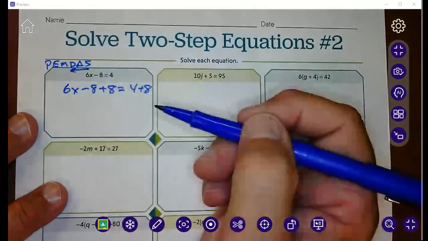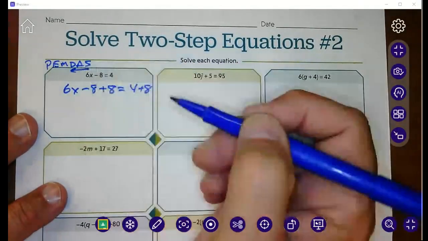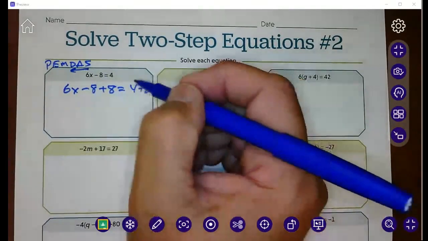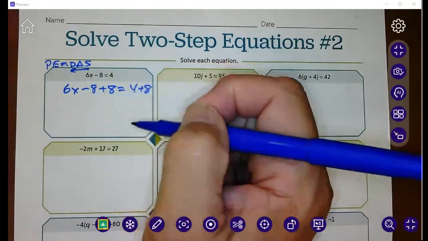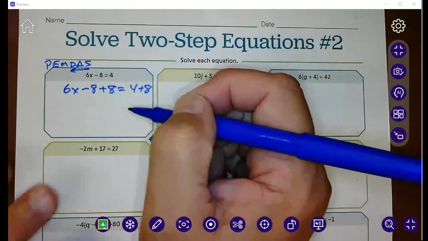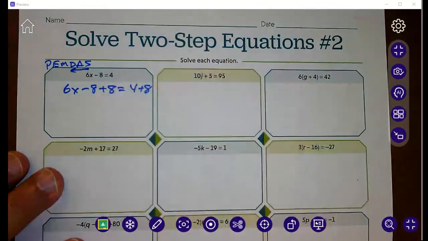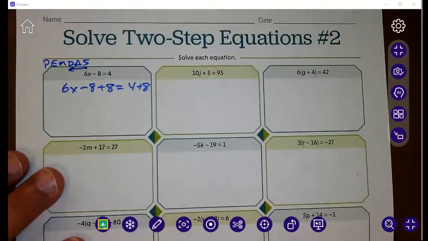We take 6x minus 8 and we add 8 to both sides because the 6 is being multiplied by the x and we are subtracting 8. We undo addition or subtraction first on the side where the x is. So I don't do anything with the 4. I'm not concerned about that 4 yet. I have to get rid of what's over there by the x because the idea is to get x by itself, to isolate x.